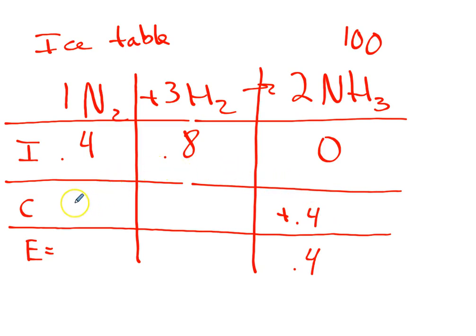That would mean the change here is what? 0.2. All right. The way I would do this is I would divide this in half, which I did here, correct? And then just multiply it by 3. Negative 0.6. Does that make sense?